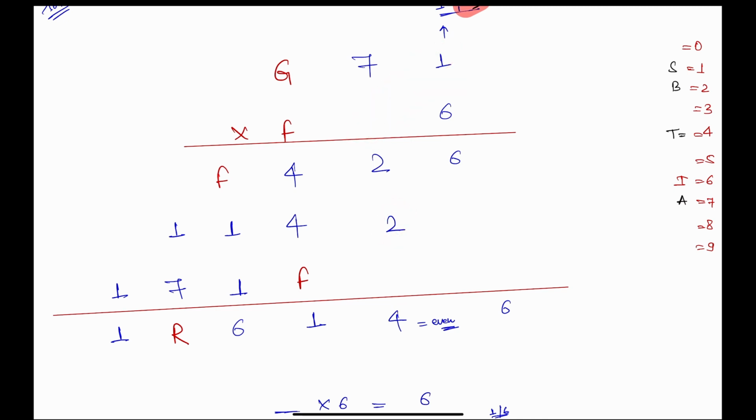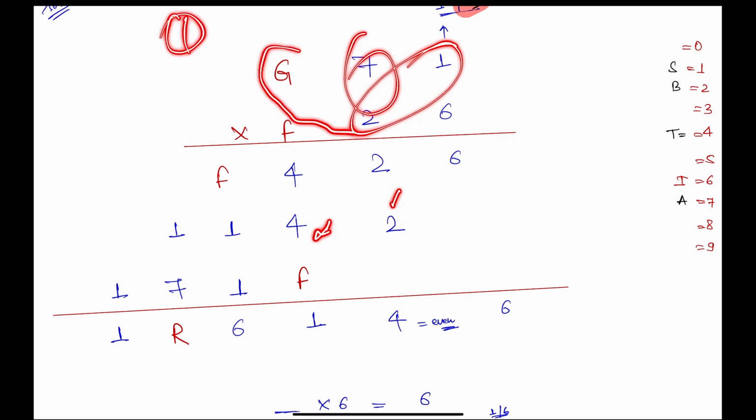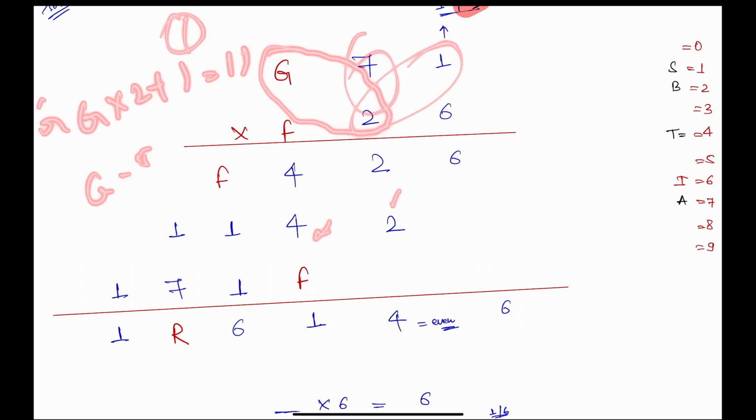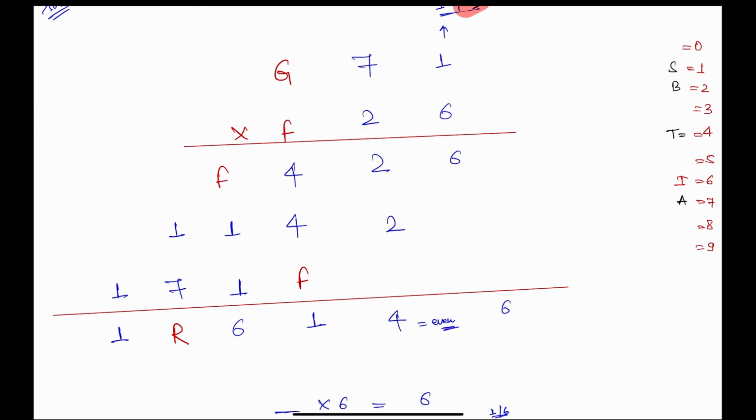So 2 into 2 is 2, 7 into 4 is 14, carry 1. So G into 2 plus 1 equal to 11. So G is 5. It's simple. Let's make G as 5. Done.